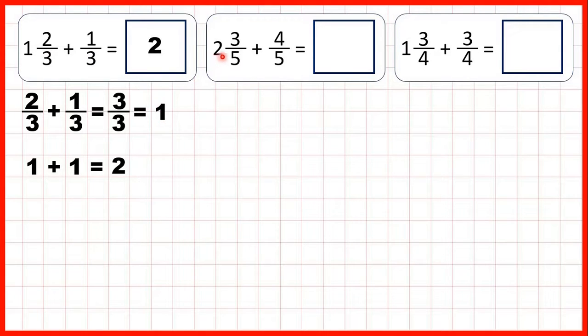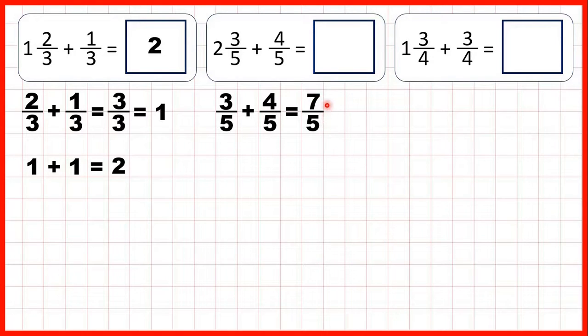Next, we have 2 3/5 plus 4/5. So we start by adding our fractions. The denominator stays the same, and 3 plus 4 is 7. So adding our fractions has given us 7/5, but we can't write 2 7/5 as our answer because we can't have an improper fraction in a mixed number.